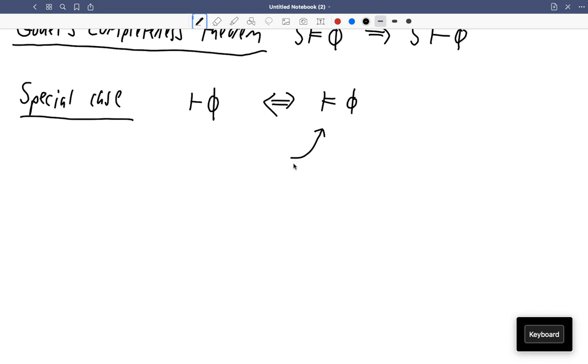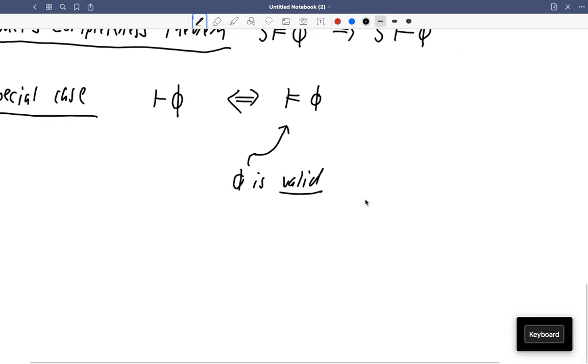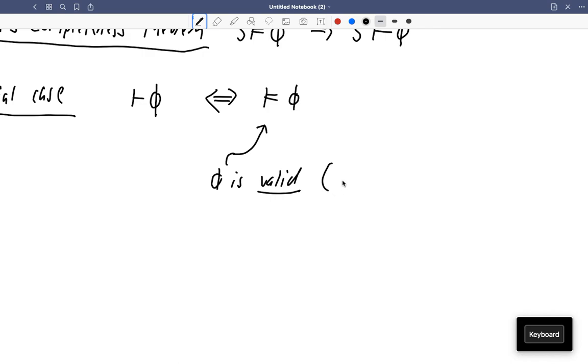This is saying phi is valid, logically valid. In propositional logic, we also use the word tautology. One doesn't really use that for predicate logic. Sometimes one does, but it's not normally used. Validity is the standard terminology here. So phi is valid. In other words, simply for all structures M, phi is true.